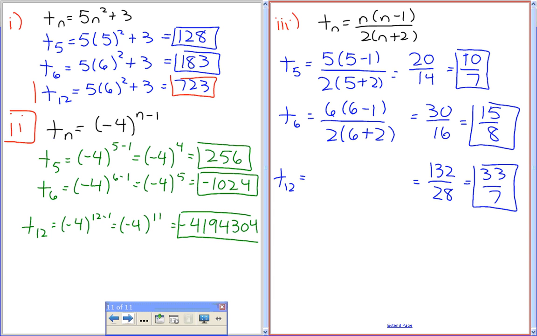Here we go. 7 times 6 over 2 times 7 plus 2. So 7 times 6 is 42, and 2 times 9 is 18, which gives 7 over 3. Good? We're feeling somewhat okay with this, because now I'm going to make it worse. Okay, actually, I'll stop before I make it worse.